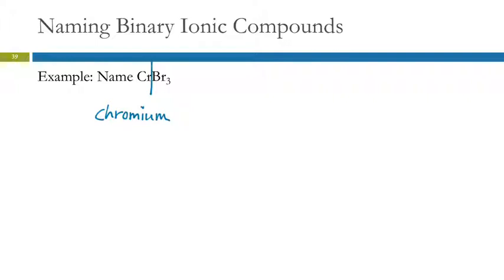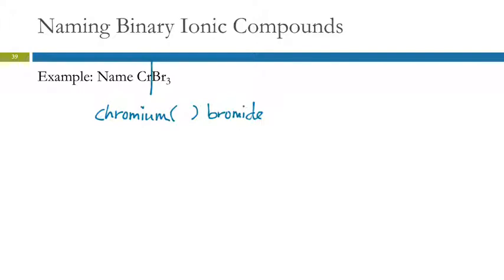That means it needs a Roman numeral, because all of the ones that are not in groups 1A, 2A, 3A, zinc or silver, are you going to remember that? 1A, 2A, 3A, zinc or silver needs a Roman numeral. So I don't know what it is yet. I'm just going to put the parentheses in there, leave a space, and I'm going to come back to that. And then bromine changes the ending of her name to bromide. Okay, that's not so bad.